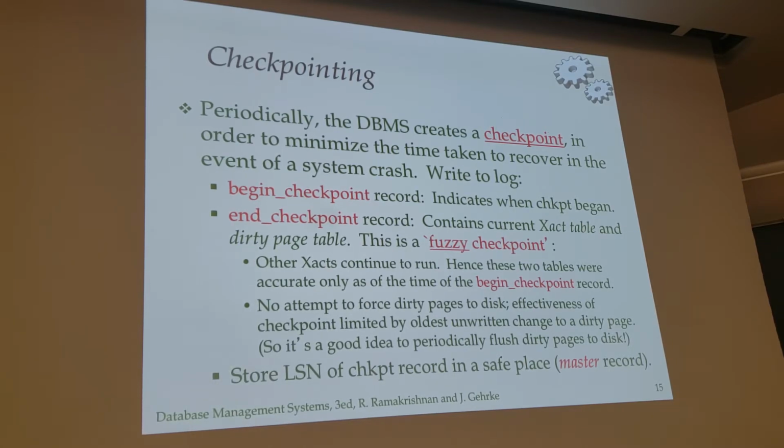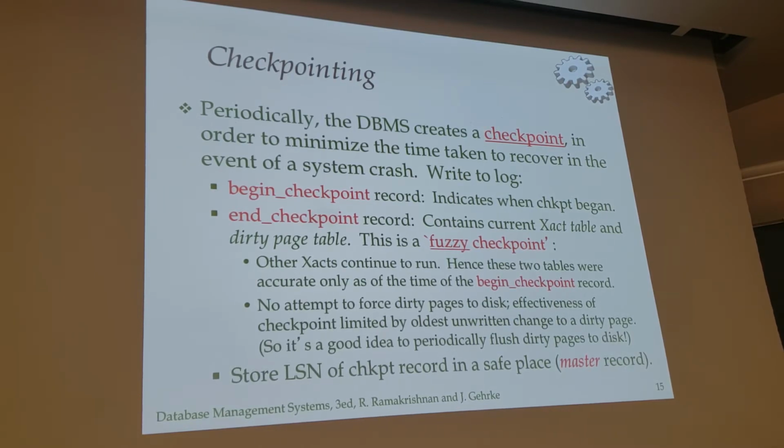So what's inside the checkpoint? Important: while you're taking the checkpoint, while you're gathering all this information that goes inside the checkpoint, transactions are continuing to occur. This would be really easy to do if you said, I'll finish all my current transactions and I'll have a consistent state of the database, and I'll just be able to recover at that point.